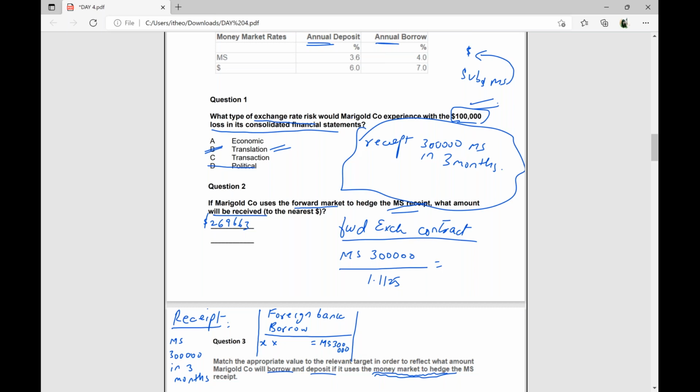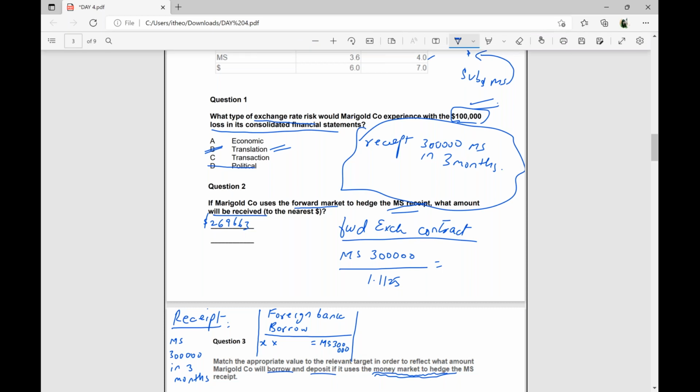What is the borrowing rate on shillings? You are borrowing shillings, so you will use the borrowing rate of shillings. It's 4% annual. If 4% is for the whole year, for 3 months it's going to be 1%. So X into 101% becomes shillings 300,000.